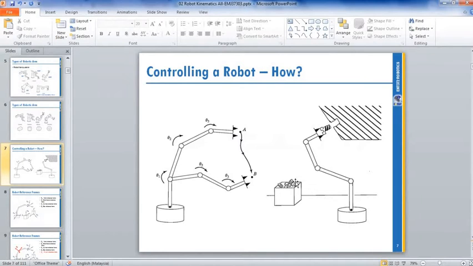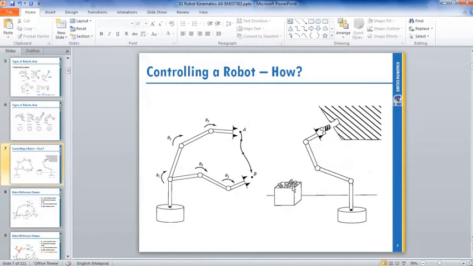For example, if there is a screw inside this box, you use a vision system and detect that the screw here is a bit slanting. You need to instruct your robotic arm to ensure that your gripper position or orientation is suitable to pick up this screw.